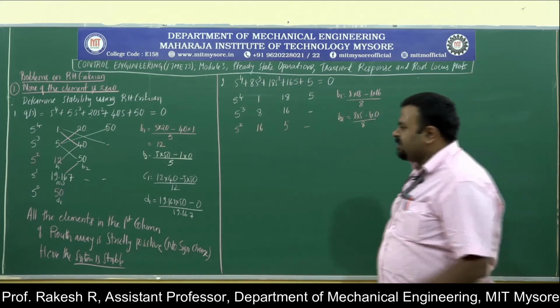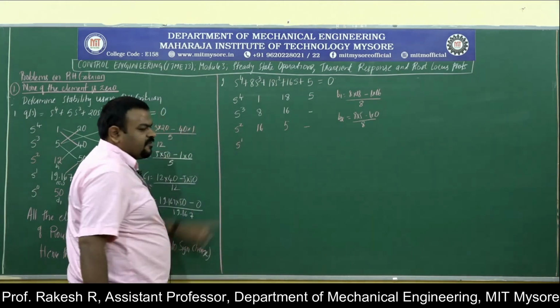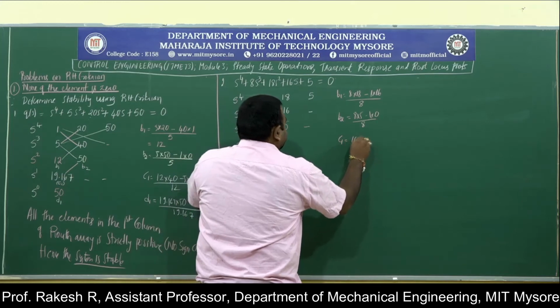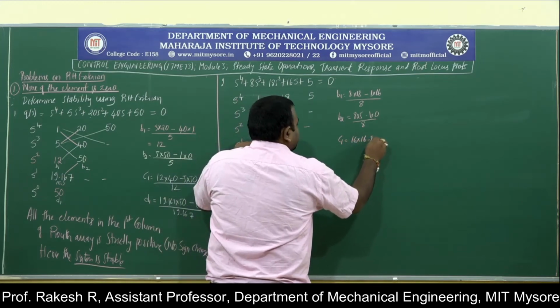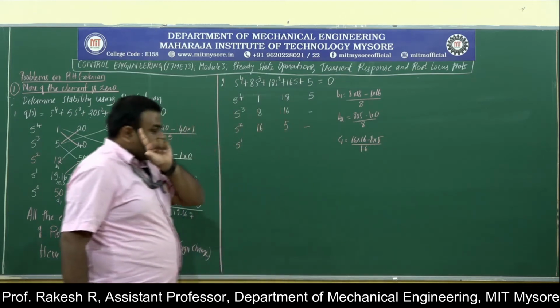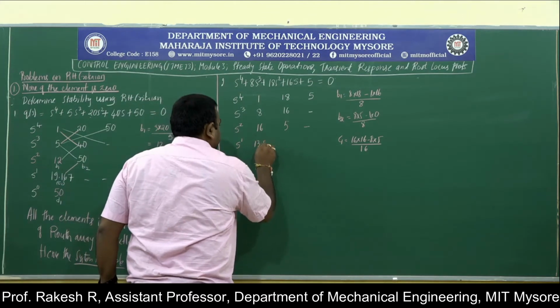So the next element is s to the power of 1. I will call it C1. C1 will be 16 into 16 minus 8 into 5 divided by 16. So 256 minus 40 divided by 16, it looks around 13.5.